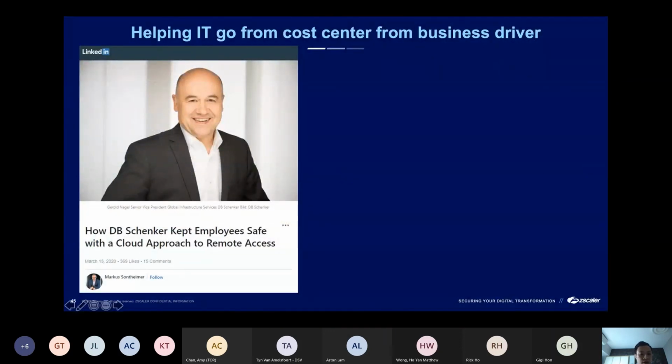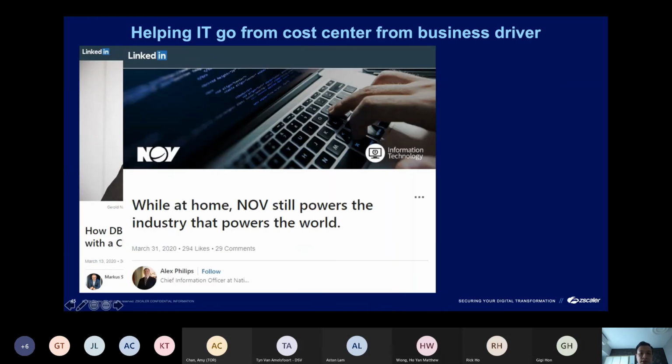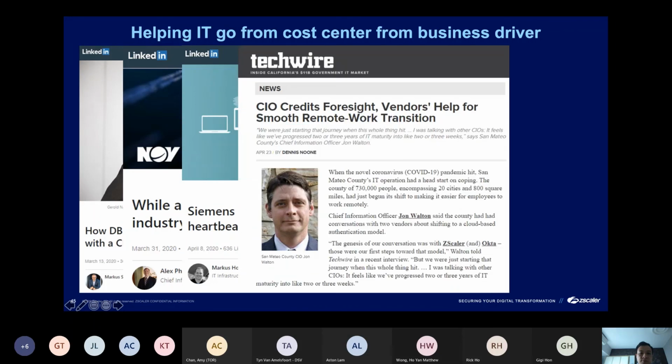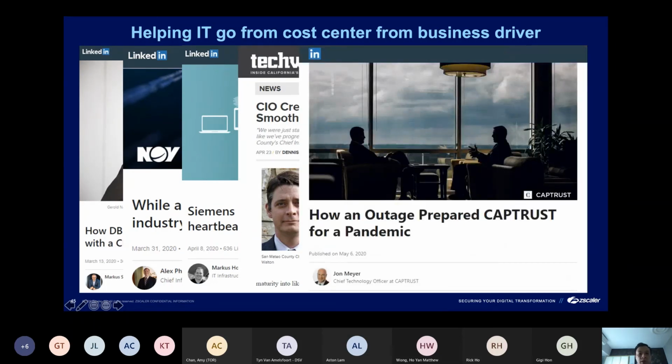And these are some quotes from our other customers. You can see that at the beginning they probably had the initiative to cover work from anywhere, cover remote workers, but after all, security is always a consideration.